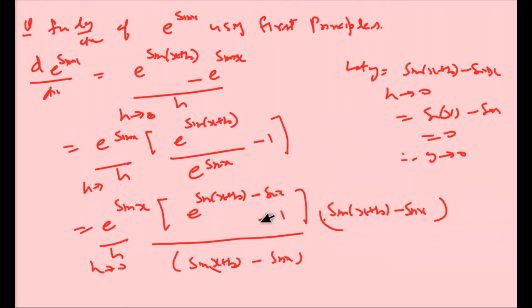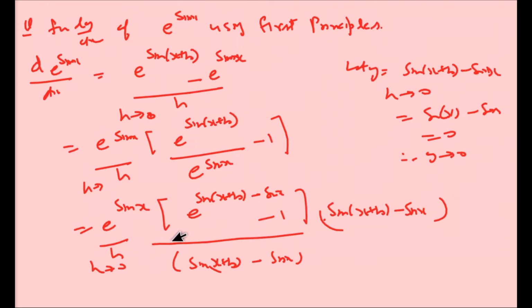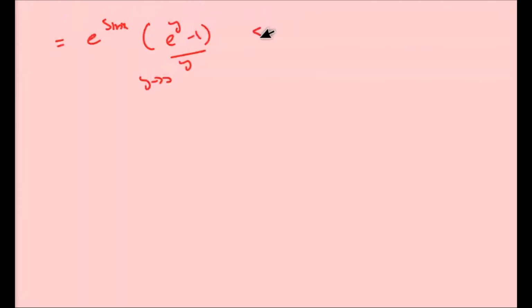So we can write it this way: e to the power sine x, times e to the power y minus 1 upon y, y tends towards 0, times sine x plus h minus sine x upon h, h tends towards 0.